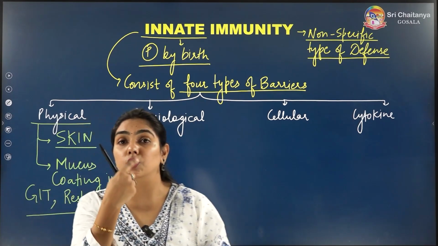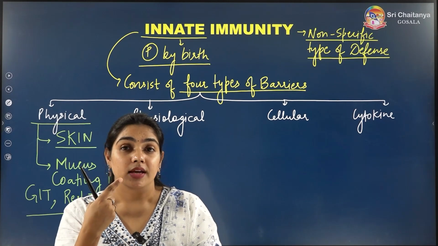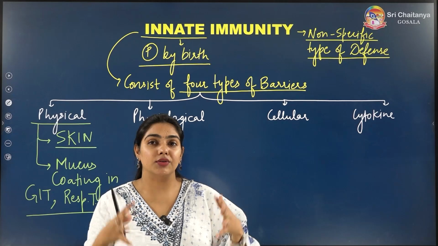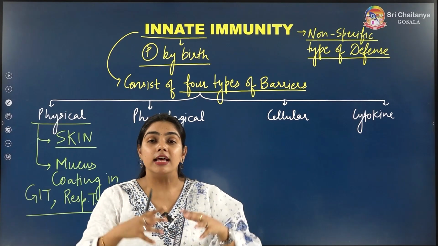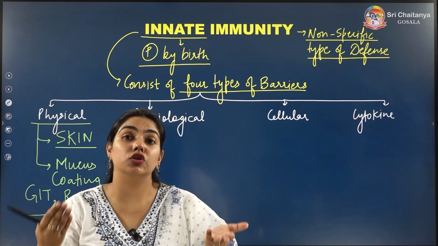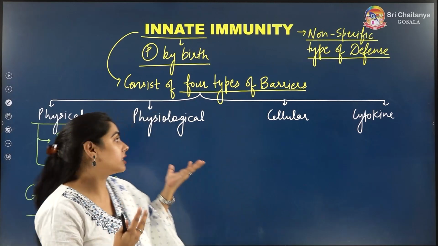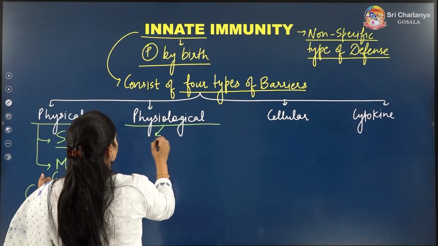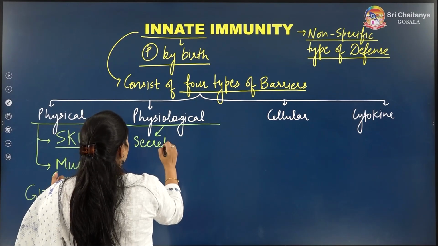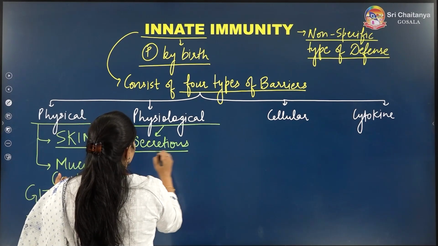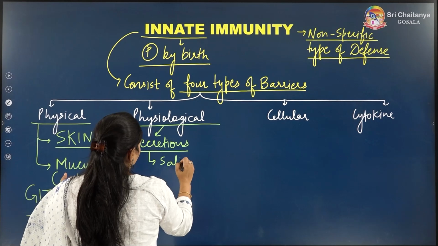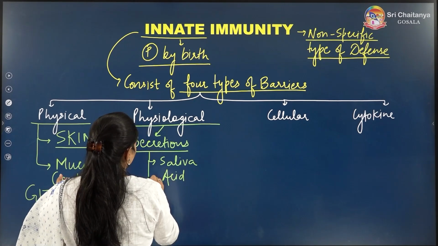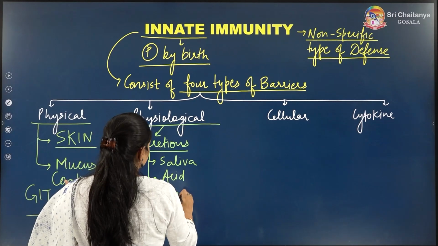Then when you take food in your mouth, saliva also has lysozyme. So all the secretions which are trapping the pathogens, or restricting the growth of pathogens, come under physiological barrier. So under the physiological barrier you have got secretions. What secretions? Such as saliva, such as acid in your stomach, such as tears.